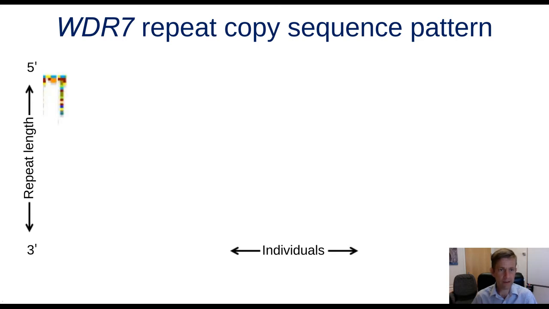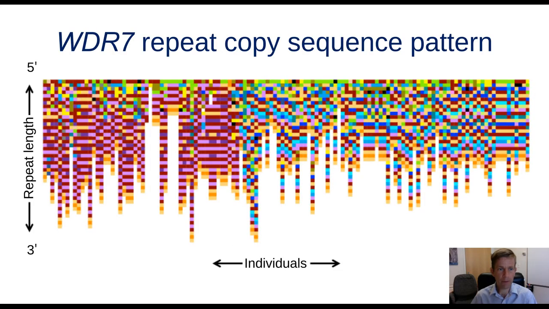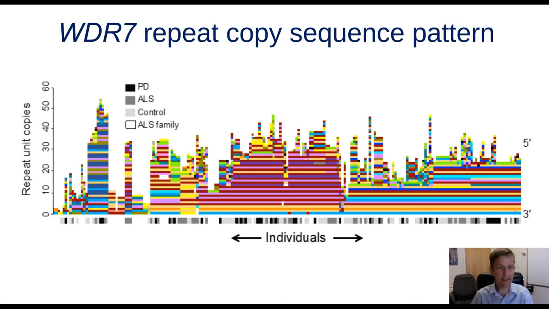We continued to do this iteratively, and when we put it together, we saw this complex pattern of the repeats. But we noticed something: we were always sequencing this from the 5' to 3' direction, but in fact, the 3' region of the repeat had much more similarity in terms of the colors present. When we realigned these on the 3' end, we started seeing amazing patterns and clusters of groups of individuals that each had a similar combination of the WDR7 repeat.